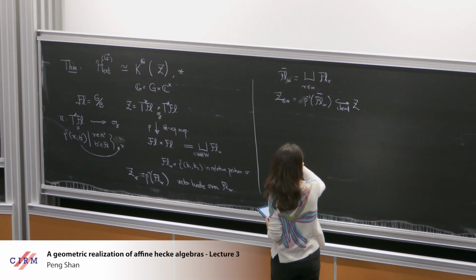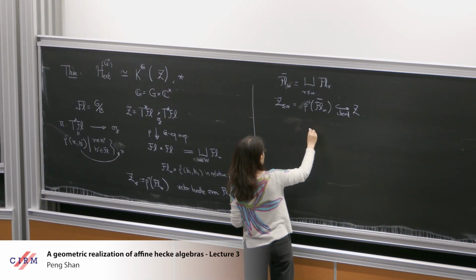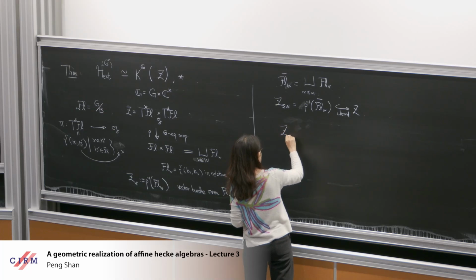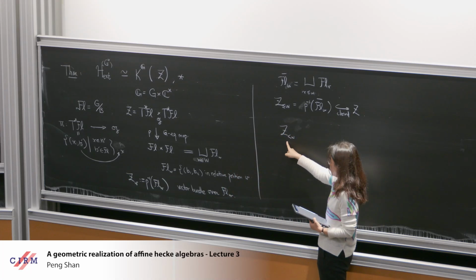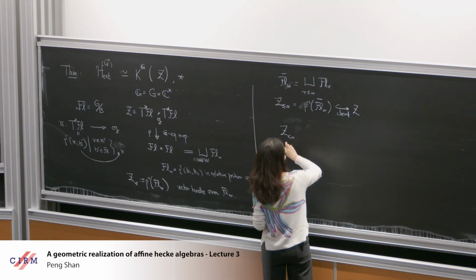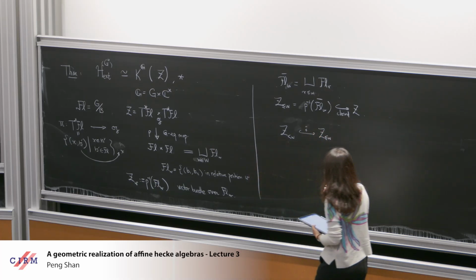And so we can consider the following situation. So we have a closed embedding of, I hope the notation explains itself, the union of Z_v for v strictly smaller than w. And then this is closed in Z_{≤w}.